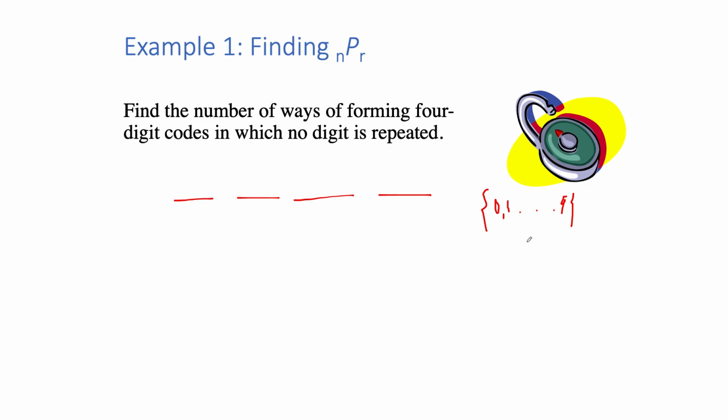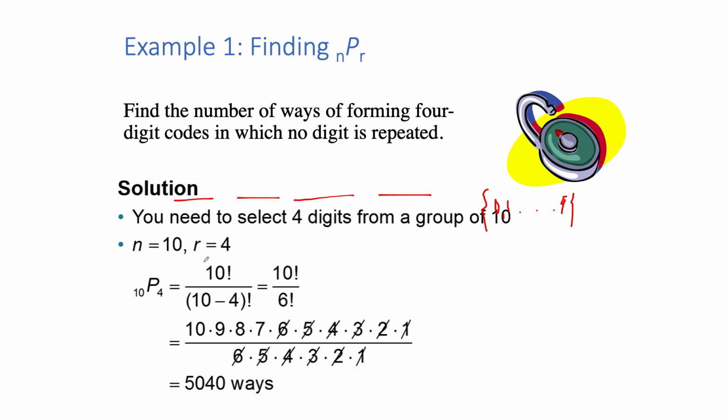So here, if I think about my choice, I have 10 different digits to choose from. R is the number of digits I will choose. The number of positions to fill is only 4 in this case. So 10 to choose from, 4 to choose. Now the question is, does the order in which these 4 digits are chosen matter or not?